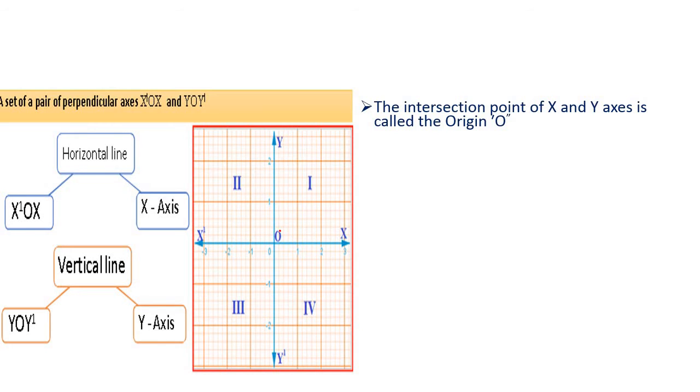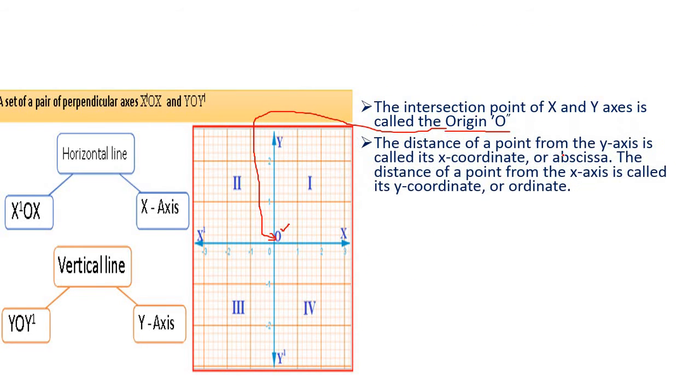O is the origin. The origin is the point where the two axes intersect each other.